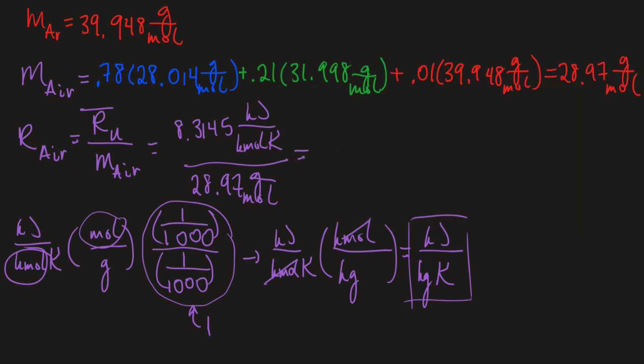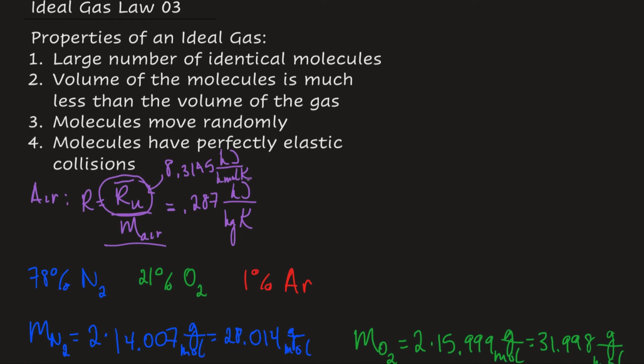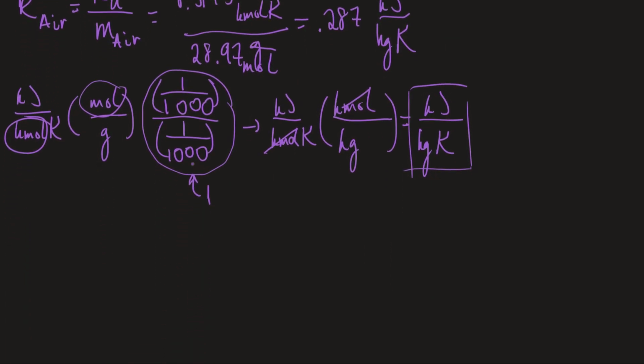What a beautiful number. So 0.287 kilojoules per kilogram Kelvin. And this is exactly what was in the table last time, which is pretty cool. Awesome. We'll move on to looking at water next.